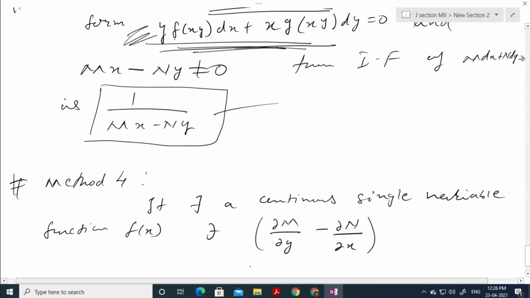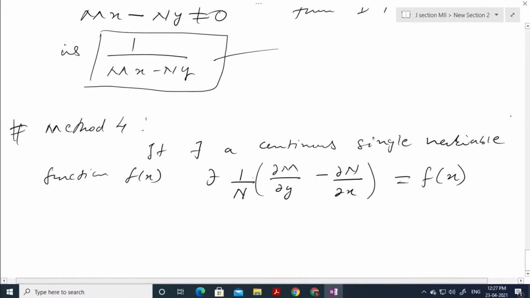So what you are calculating here is 1 by N into dou M by dou y minus dou N by dou x. You calculate this, and the result should be only some function purely in terms of x.